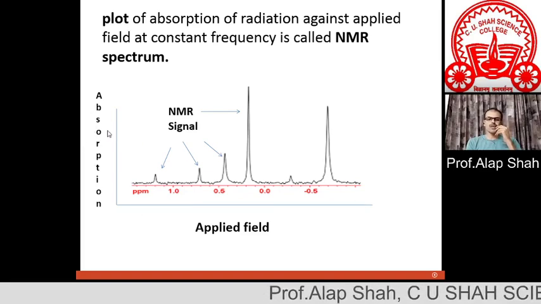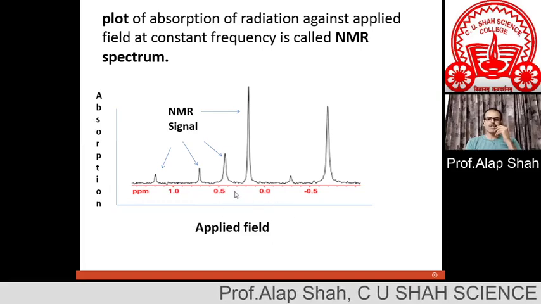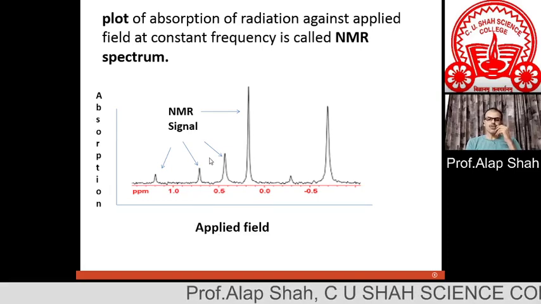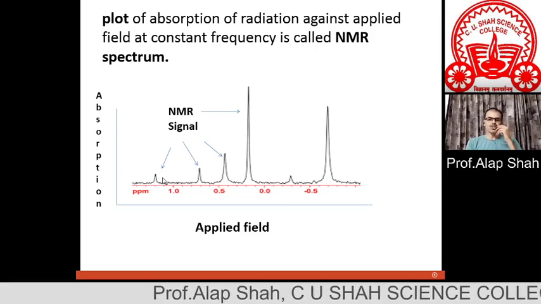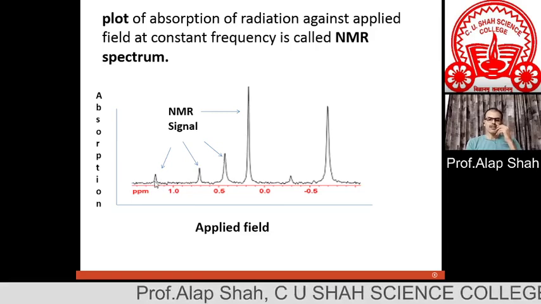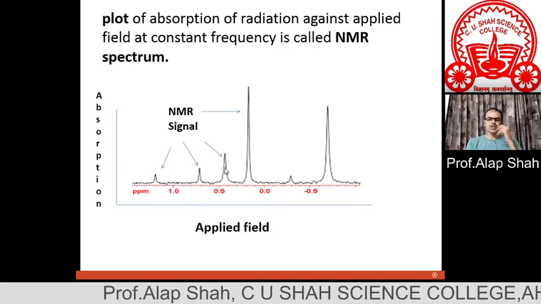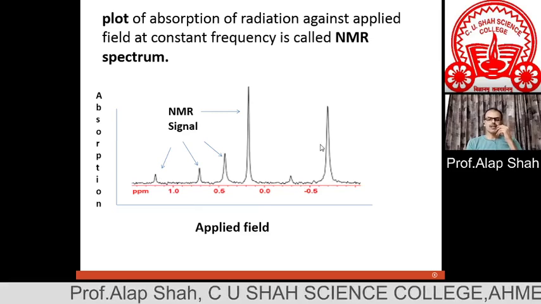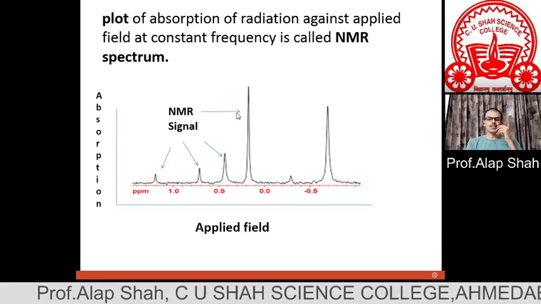On the y-axis you can see the absorption of energy against the applied field at a constant frequency, which is called the NMR spectrum. Here different kinds of signals are shown. This compound shows signals 1, 2, 3, 4, 5 and 6, so six times it actually absorbs energy.